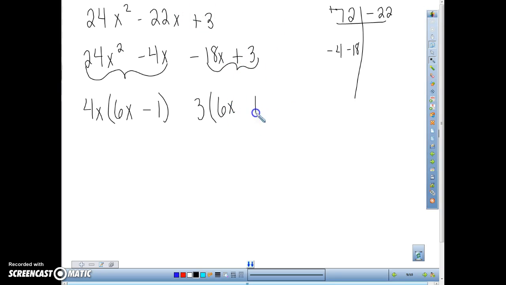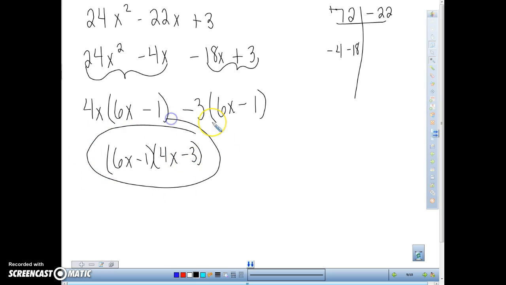But if you notice that there's this negative sign in front of the 18, so I'm really taking out a -3. So -3 times positive 6x would give me negative 18x, but -3 times positive 1 would give me -3. So I'm going to have to put a negative sign there. So when I write my final answer, now my parentheses are the same, and so I have 6x minus 1 and 4x minus 3. And that would be my answer.